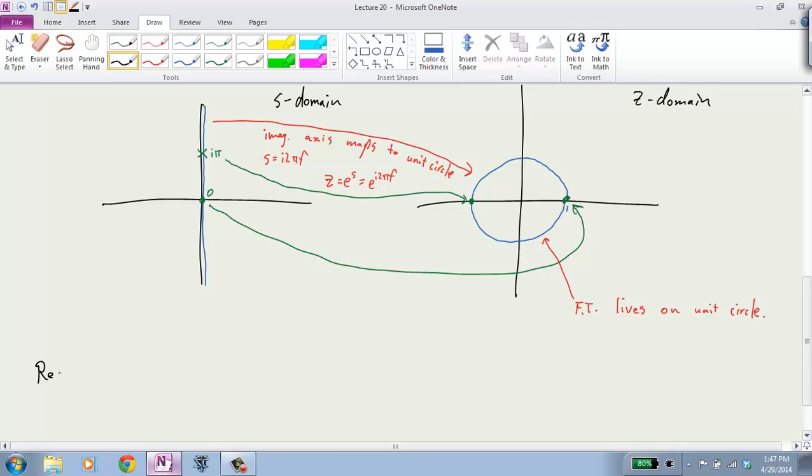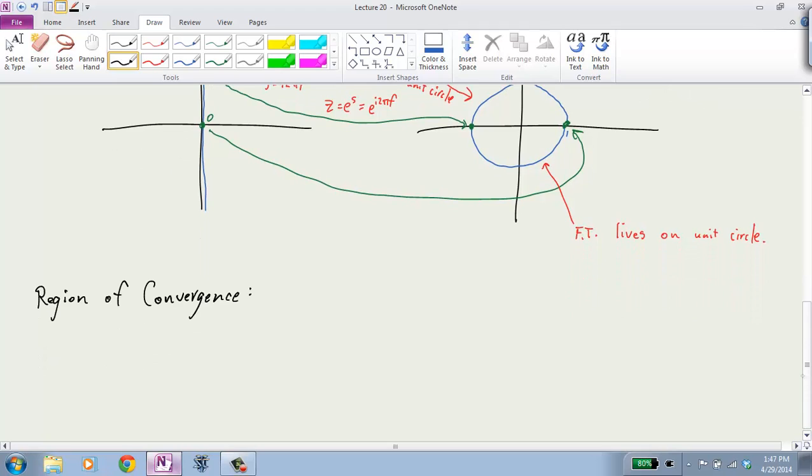So, just like in the Laplace transform, we have regions of convergence. Okay, and in this case, they're always rings, defined by the absolute value of z being in some set.